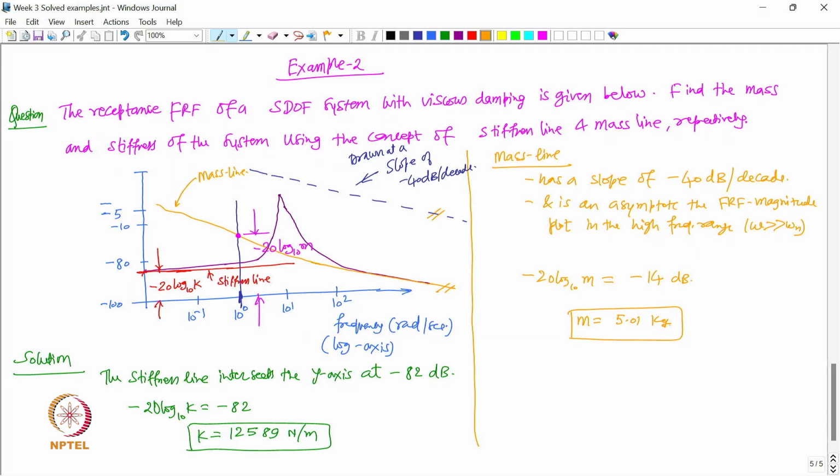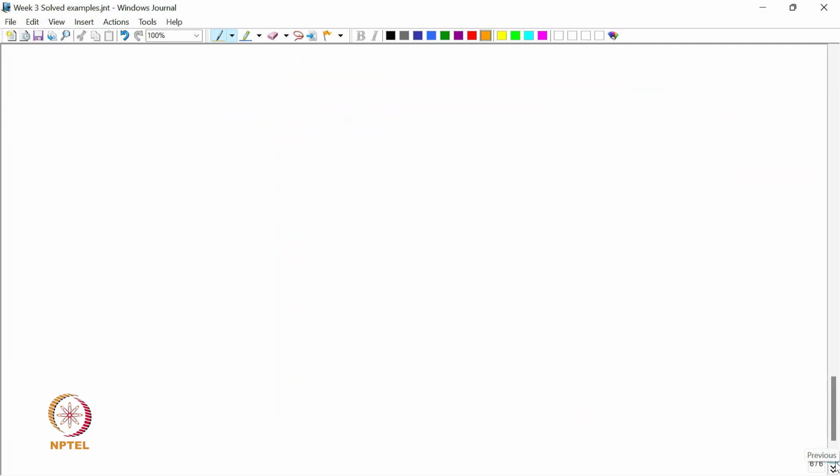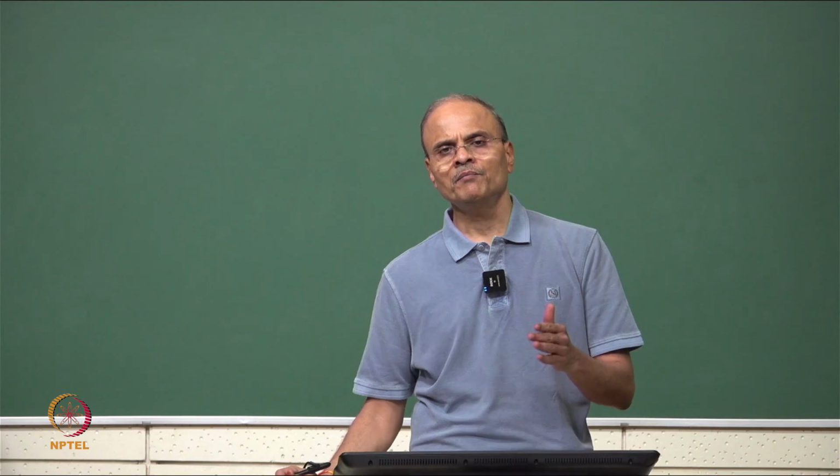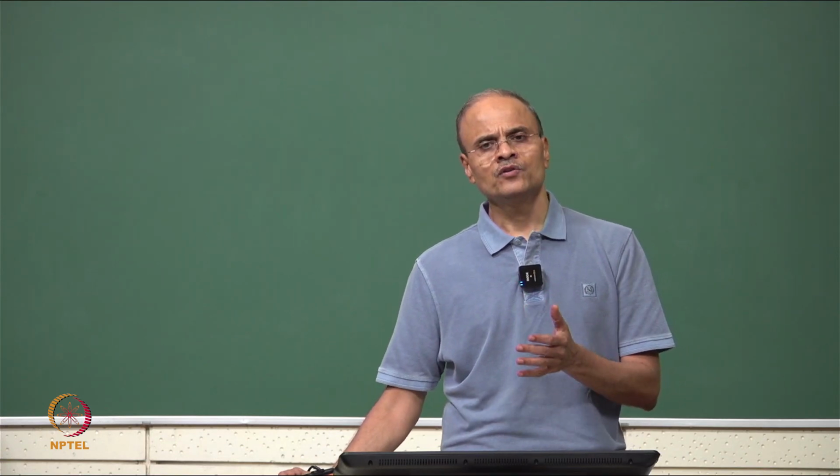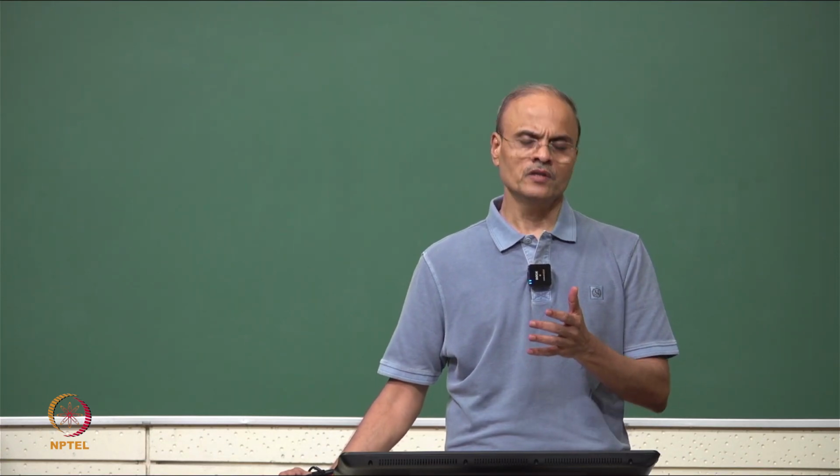We can go to the next example. Example 3. In this example and the next example, we find anti-resonance frequencies of a given system.